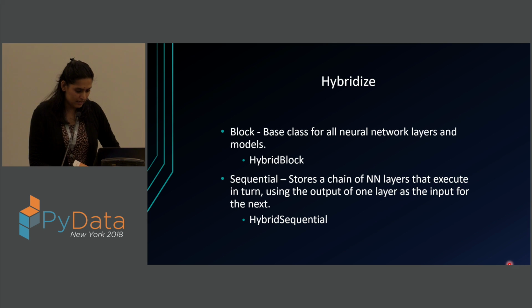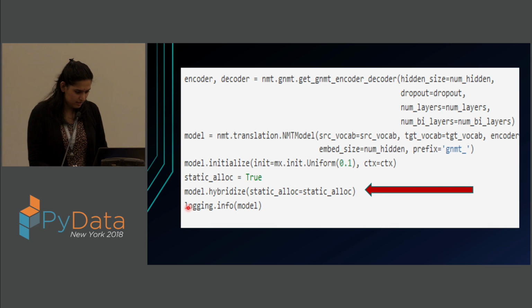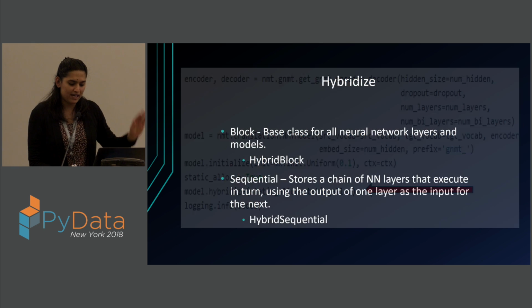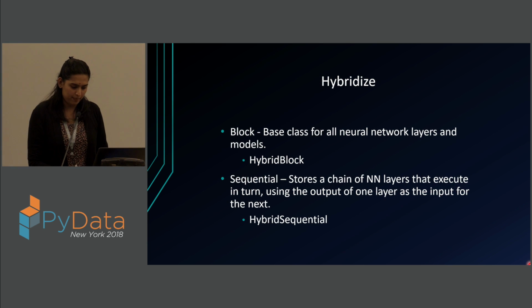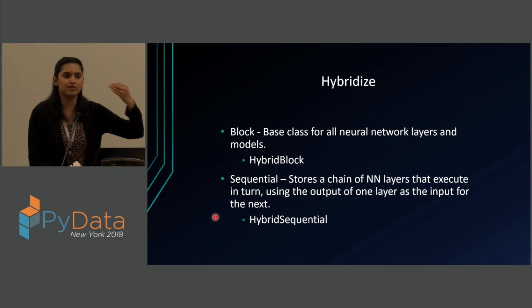So the idea behind that is, when you call the hybridize method on a model, what it is trying to do is to basically allow for creating a symbolic graph in the sense that it is going to make imperative calls, but after the first hybrid forward call that you make, the symbolic graph is basically cached.